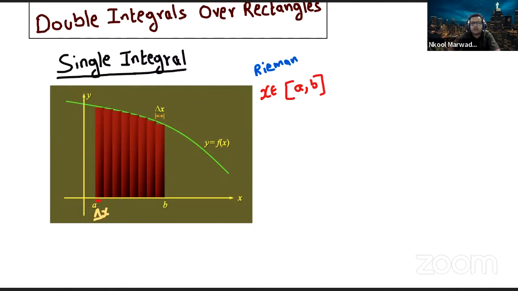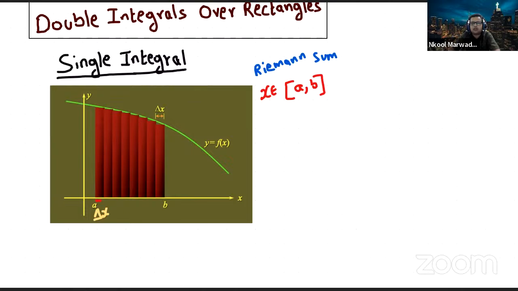So what we are doing is that the region a to b, we are breaking it into small, small rectangles. So we are breaking into delta x, wherein every delta x is (b minus a) by n.